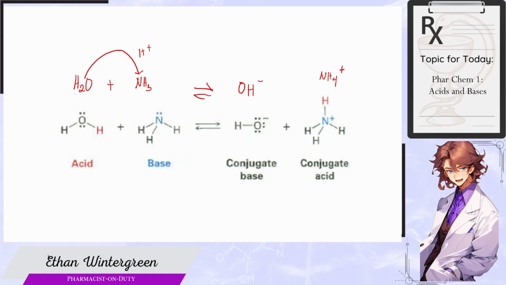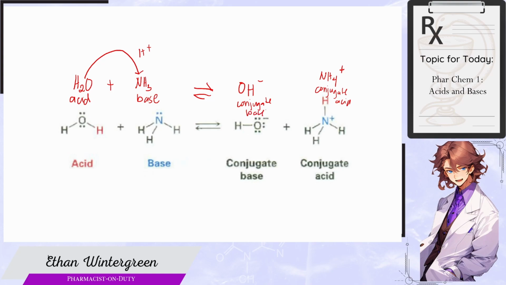Since H2O gave off the hydrogen, it is your acid. Since ammonia accepted the hydrogen, it is your base. NH3, the base that accepted the hydrogen, became your conjugate acid, while water that lost hydrogen became your conjugate base.